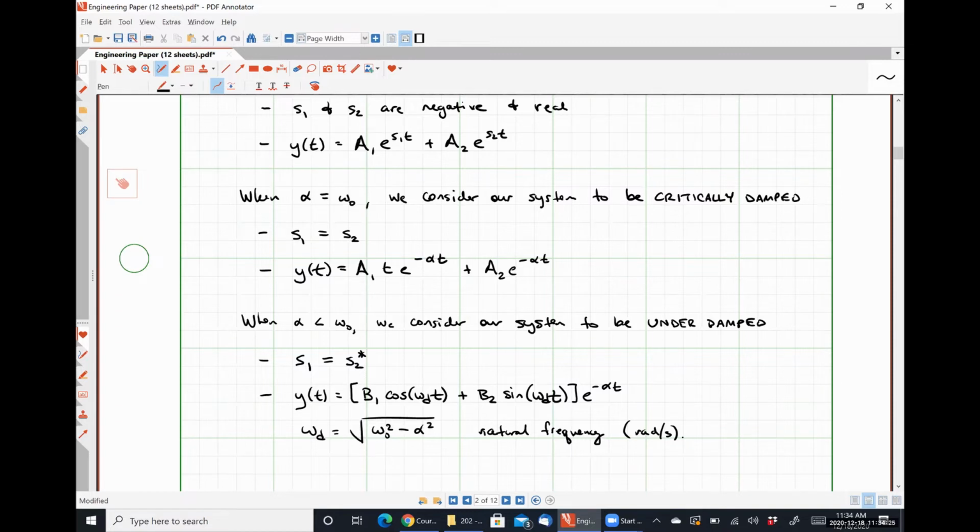It tells you how to calculate alpha, how to calculate omega, and tells you if alpha is greater than omega, you have an overdamped system. Alpha is equal to omega, you have a critically damped system. Alpha is less than omega, you have an underdamped system. It gives you the general response equation for y of t, and I also give you the derivative of y of t. And that's going to be critically important, as we'll see when we actually solve a circuit. So let's put this to use.